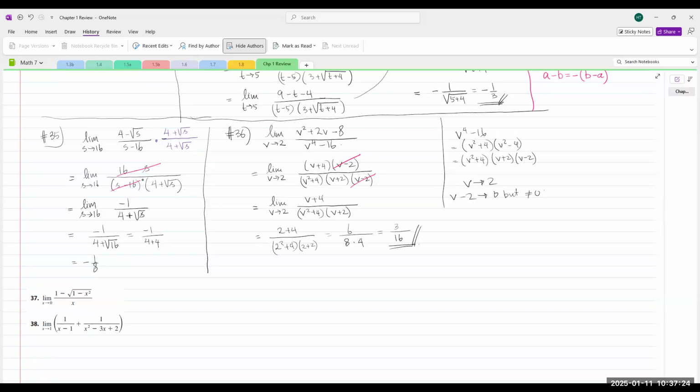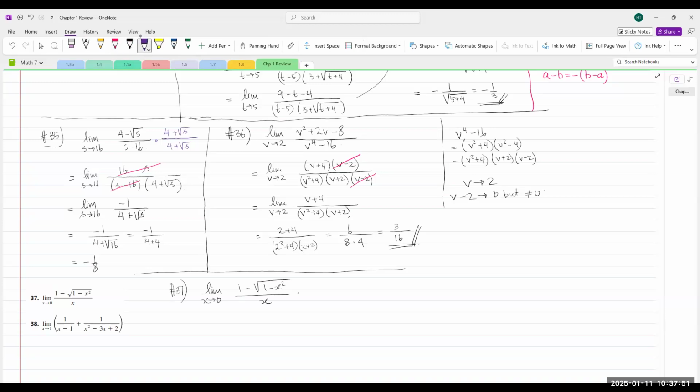I think number 37 is very similar. So number 37, we have limit x approaching 0 of 1 minus square root of 1 minus x squared over x. If I plug in x equals 0, I get 0 over 0. So no, that's not what we will do.